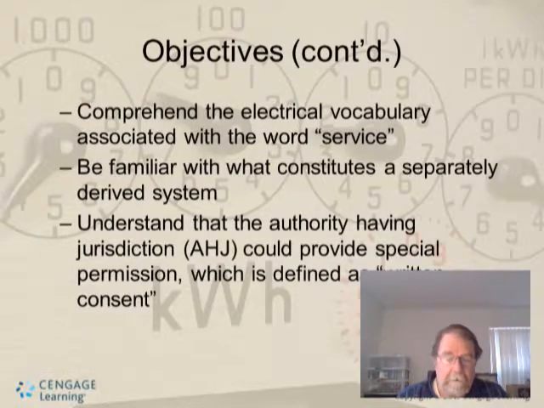You need to be able to comprehend the electrical vocabulary associated with the word service, be familiar with what constitutes a separately derived system, and understand that the authority having jurisdiction, again, we've seen that earlier in Unit 1, AHJ, could provide special permission, which is defined as written consent.